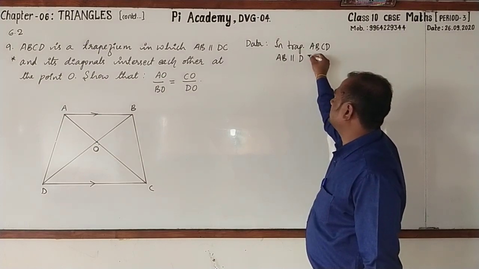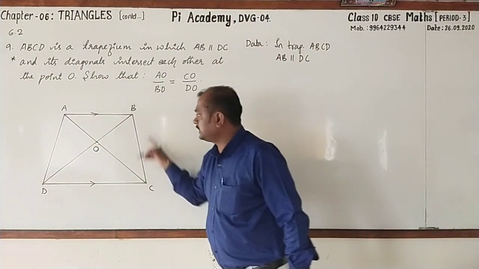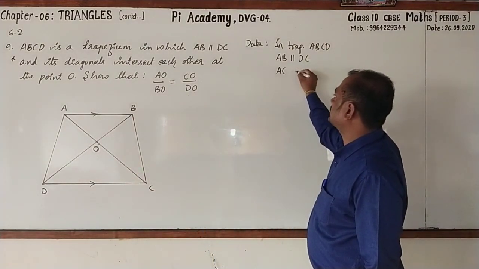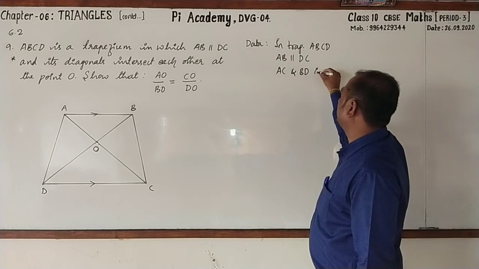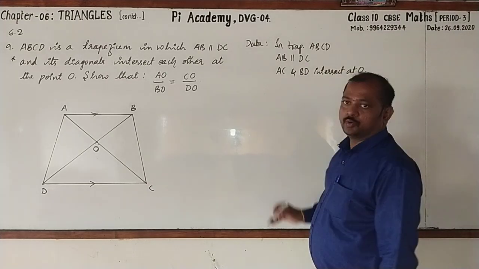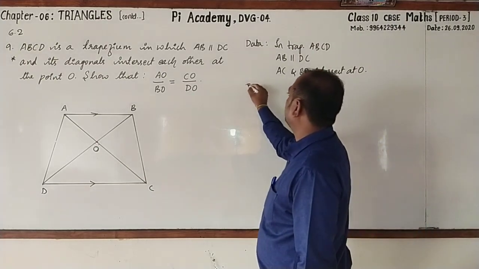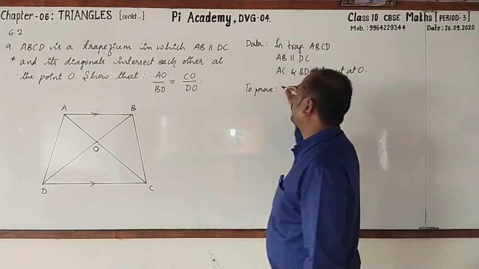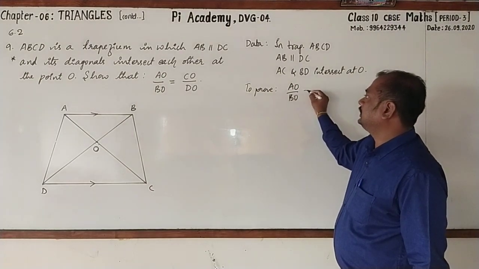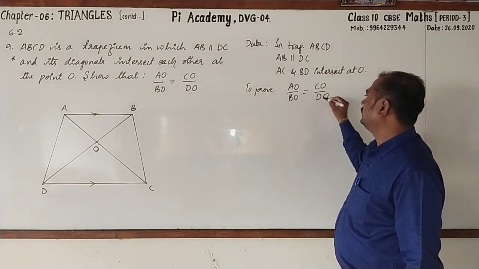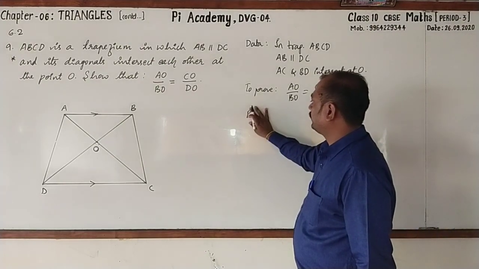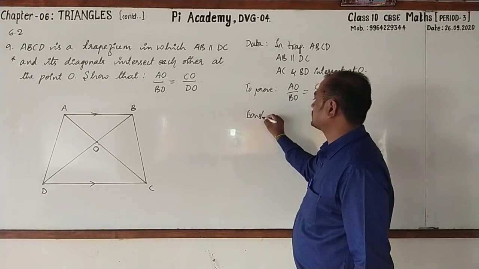Then AC and BD intersect at O. This much has been given. To prove, we are going to prove that AO by BO is equal to CO by DO. Right? Next, proof. Before going to that, construction.